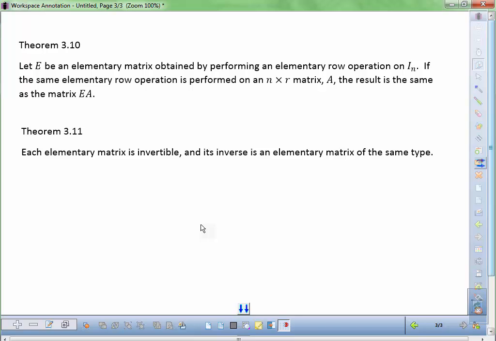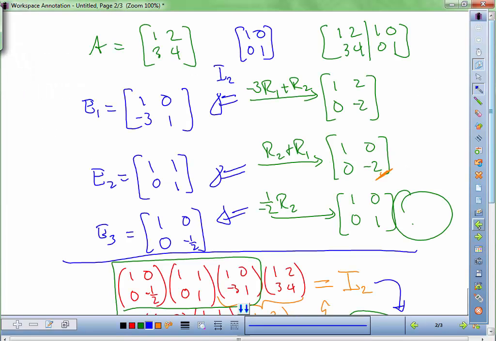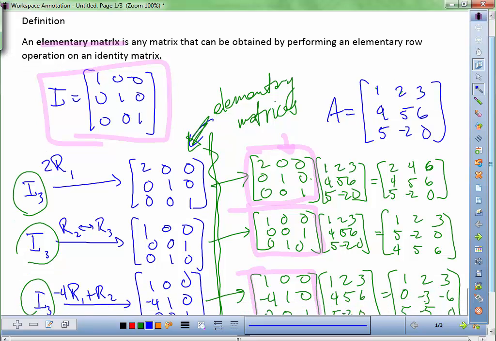So for this, let's take a look at the example where we did a 3 by 3 matrix. And we did some stuff to a 3 by 3 matrix, right? So I think we named it E1, E2, E3, or something like that. No, we didn't name it yet.